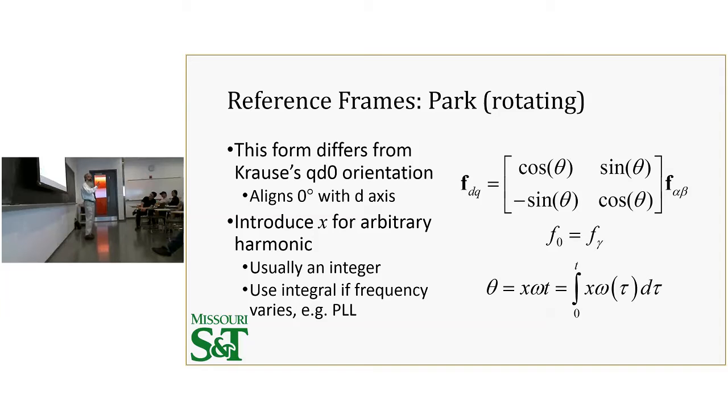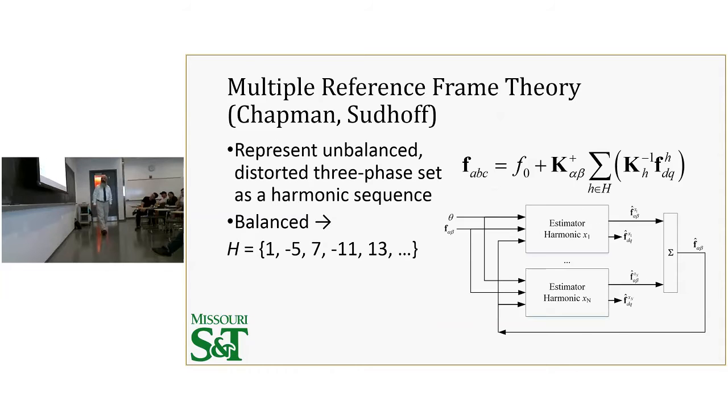It's close, but it's not really. Some people say, how can you talk about the frequency of something that's not periodic? But it just doesn't change very much. So we use this integral form. For the rest of what I'm going to talk about, I'm going to throw away the zero sequence or the gamma component.